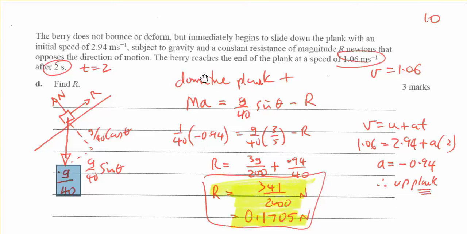So down the plank we have the resultant force equals g times 1/40 times sine theta, that's this force here going down the plank, minus r.